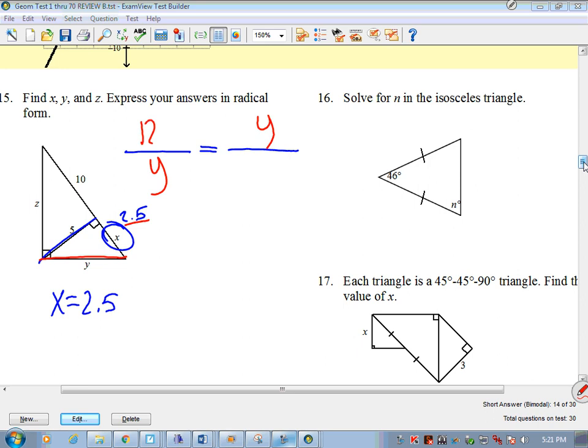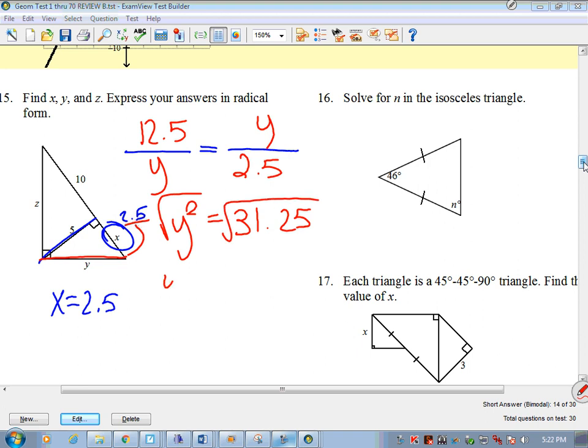I think you end up with 12.5, which is those two lengths added together, and 2.5. So just the segment closest to this, the whole and the segment. So you end up with y squared equals 12.5 times 2.5. I get 31 and a quarter, 31.25. And then we have to square root that.